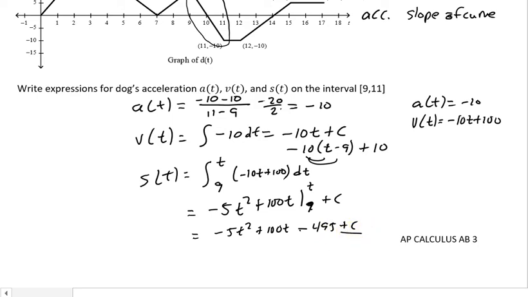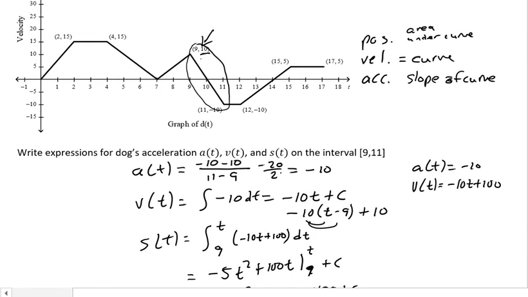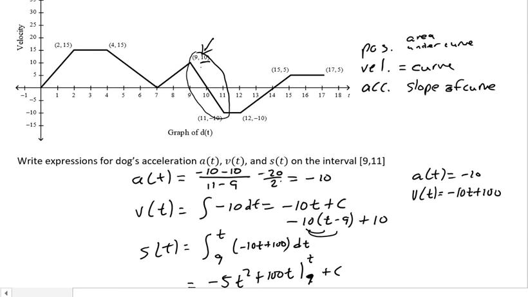Well, if we want to know, we need to know where the guard dog was at time t equals 9. It's not as simple this time as just getting over and selecting 10. So what we're going to have to do is figure out the area here, which we've done before, except now we're going to figure out the area from 0 to 9, and that will tell us where the dog was when this time began.